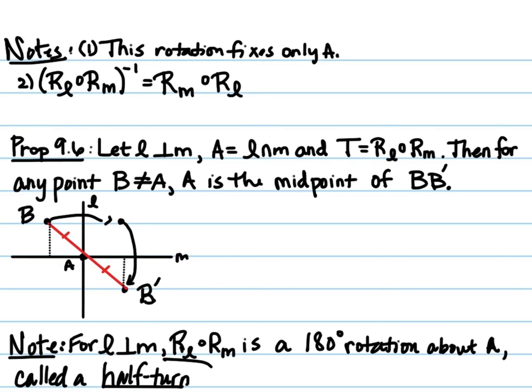And notation-wise it is denoted H for half turn around point A.